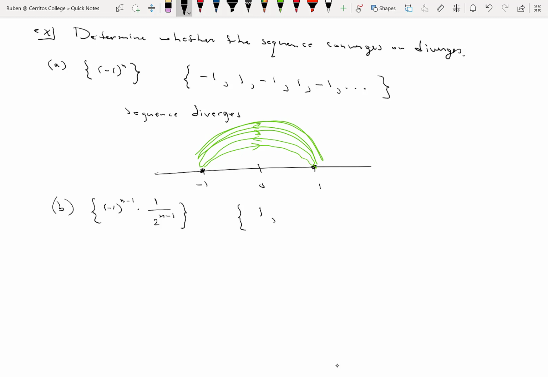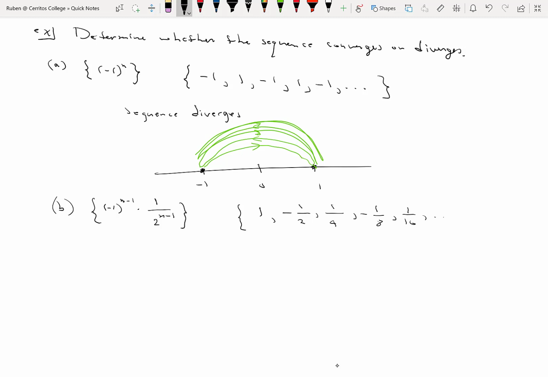When n equals 2, I get -1 to the 2 minus 1, which is -1 to the 1, that's -1. And the 1/2 to the n minus 1 gives me 1/2, so the term is -1/2. Next term is then positive 1/4, then -1/8, then positive 1/16.